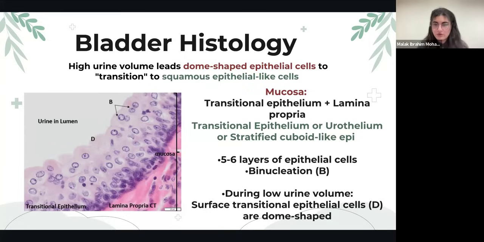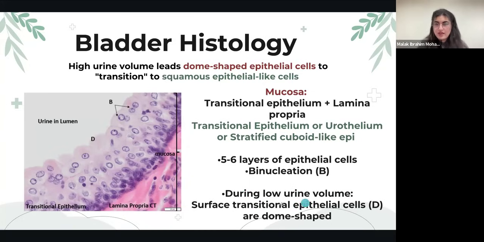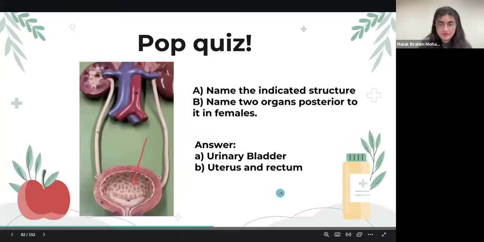So they're not dome-shaped anymore. They're not cuboidal-like epithelium. They become more like squamous epithelium. And the mucosa, as we said, is transitional epithelium and its lamina propria. It has 2 layers, and it moves from dome-shaped to squamous. And during lower urine volume, when you don't have a lot of urine, the surface transitional epithelial cells are dome-shaped. That's kind of everything that we discussed.